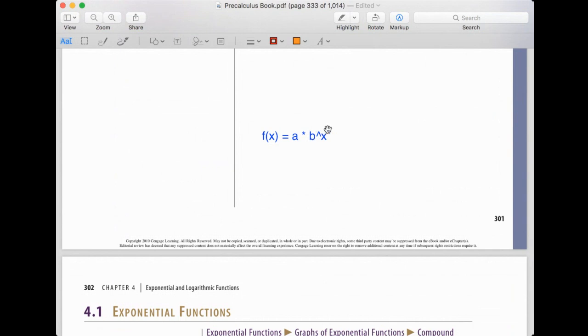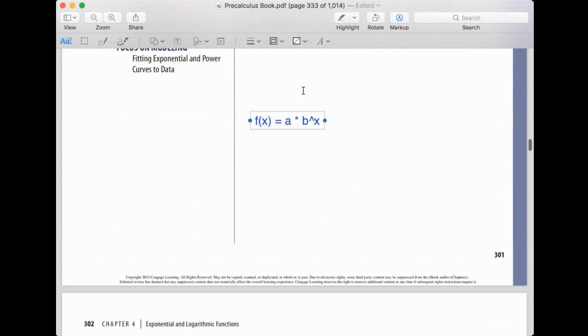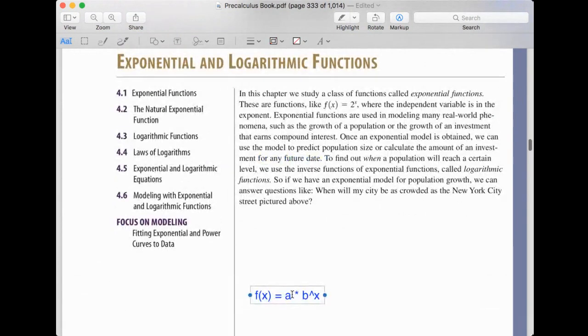Now x appears in the exponent. That's how it gets its name, exponential functions. Why is it called exponential? Because x appears as an exponent. Let me give some examples.